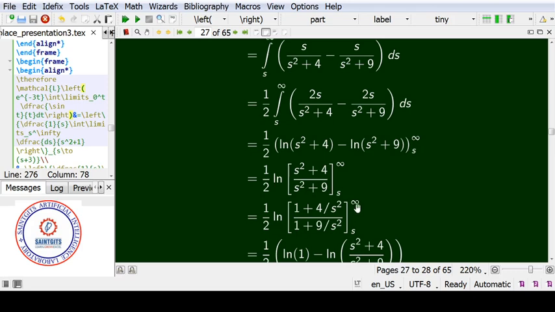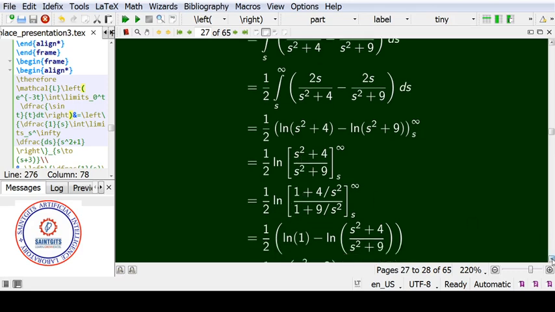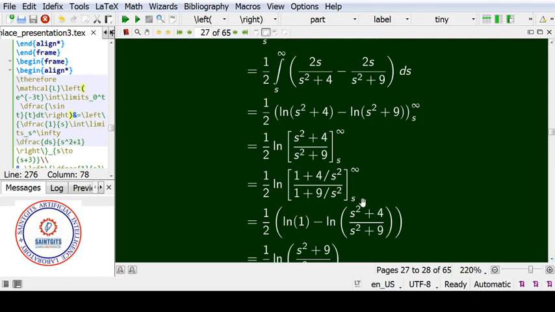Now we put infinity in this numerator and denominator. Now infinity is in the denominator. So 4 by infinity, 4 by a large quantity, tends to 0. So numerator becomes 1 plus 0, or 1. By a similar argument, the denominator also tends to 1, as we said in the previous case. So logarithm of 1 by 1, log 1 is 0. That is the next step. When we put the lower limit, we get the same thing. There is no change.